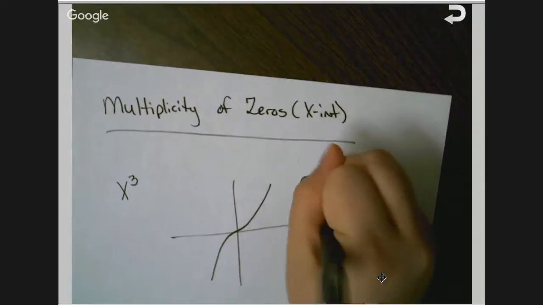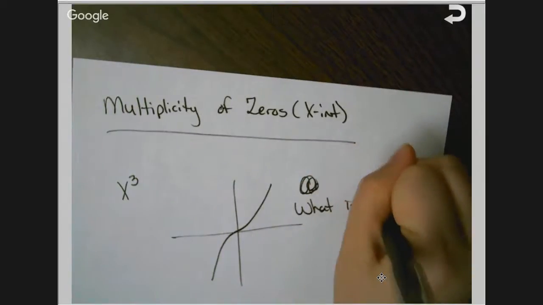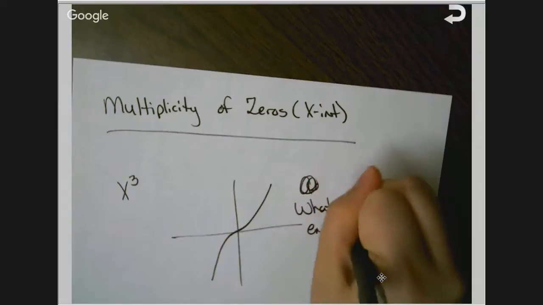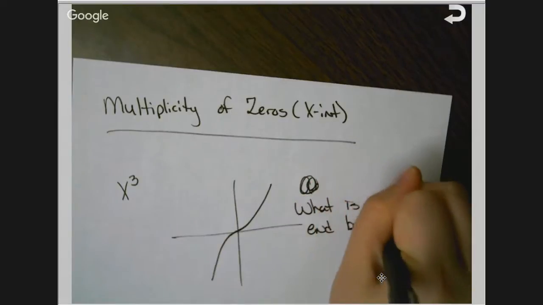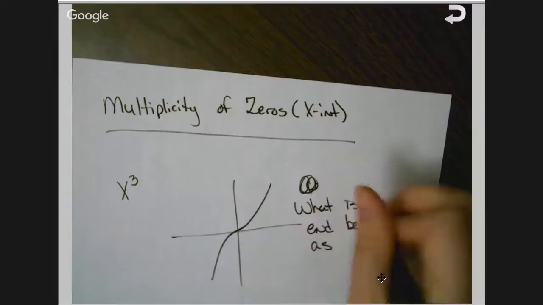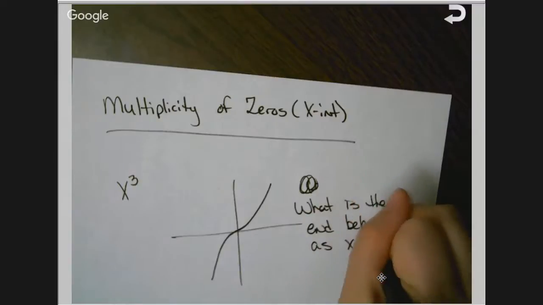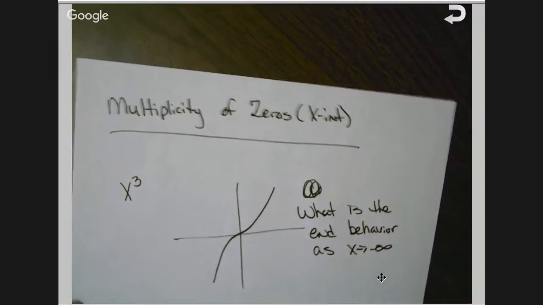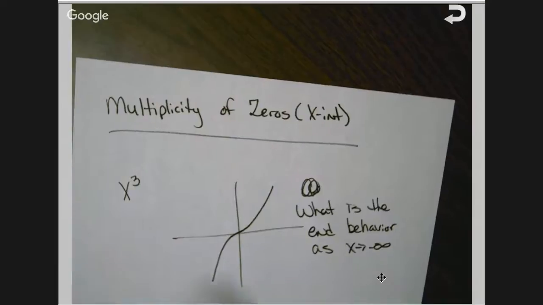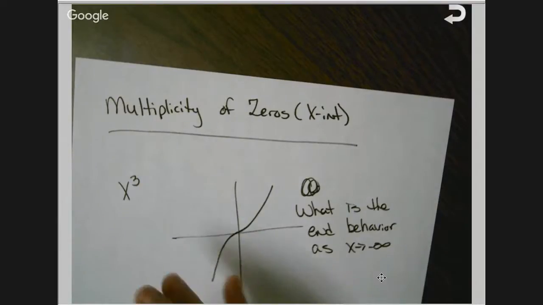They could also say, what is the end behavior as x approaches negative infinity? Okay? Well, we know that x approaches negative infinity means going to the left, correct? Well, it is going down. So you would answer down.